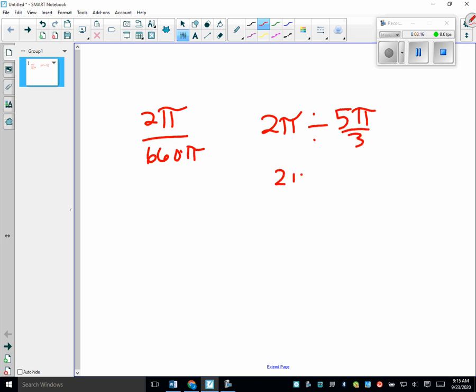Which is 2 pi times 3 over 5 pi, which becomes 6 over 5. Right? Yes. Now, according to the model, find the height of the knot after 25 seconds.